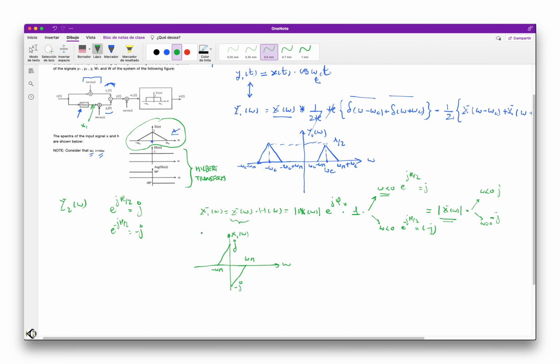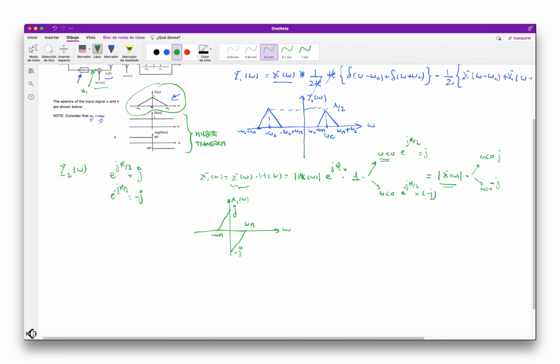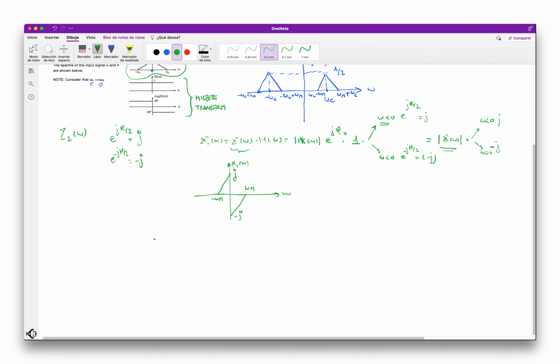Okay, but in our case, then we need to modulate it with a sine. So in this case, y2 will be the convolution of the signal at the input, which is x1 of omega, the signal on the left, convolved with the sine, which you know is pi divided by j, a delta in omega minus omega carrier minus a delta in omega plus omega carrier.